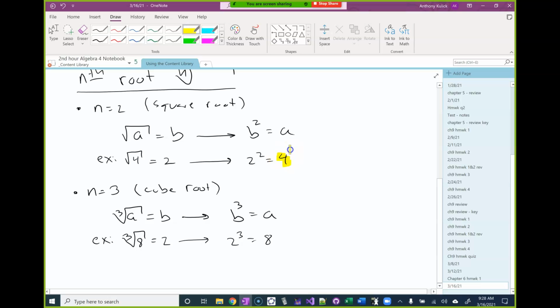So that being said, a number like 4 is an example of a perfect square, and 8 would be an example of a perfect cube. So just a little bit of vocab there.